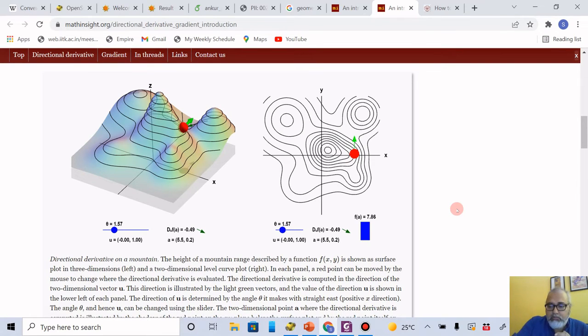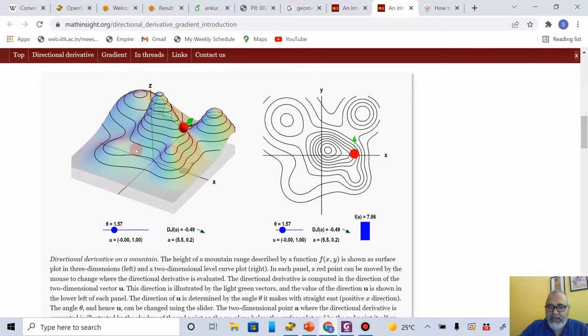Just to remind you of the concept of directional derivative, I found this very nice applet on the web. Here what you have is a scalar function of two variables, x and y, plotted in three-dimensional space. The heights are the value of the function f(x,y), so z is equal to f(x,y), and what you see on the left is the actual 3D plot of the function.